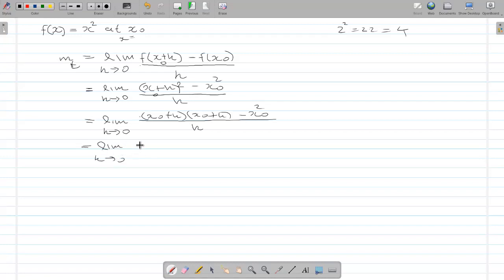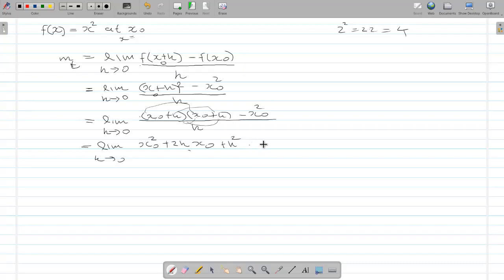So I do this: x naught squared plus h x naught, and here again h x naught. If I add them I get 2 h x naught, and when I expand this I also get a plus h squared term.